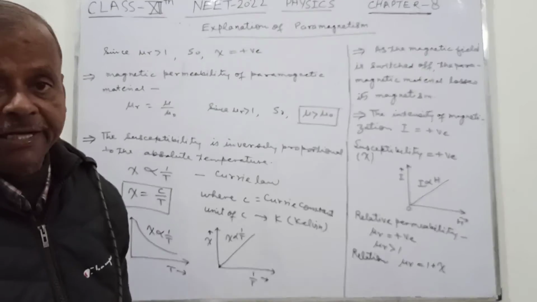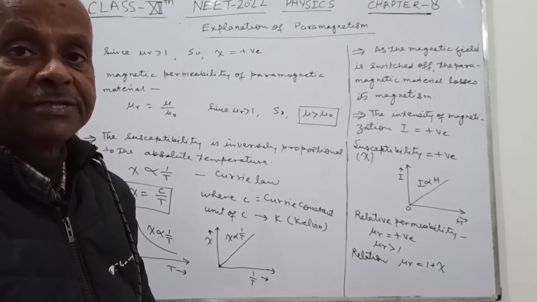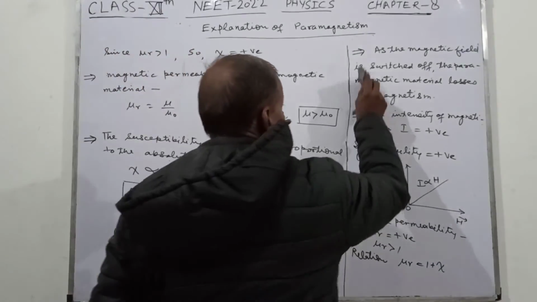Now I am telling you some examples of paramagnetic materials.